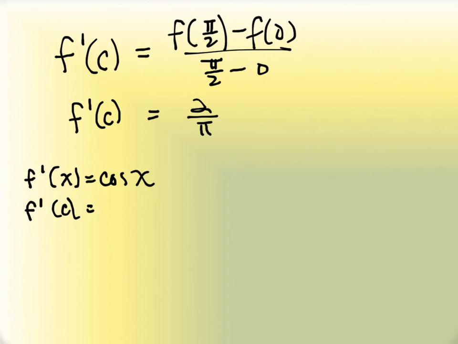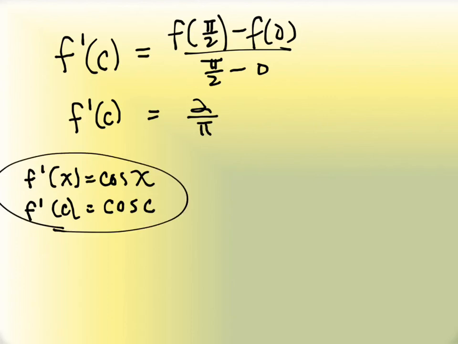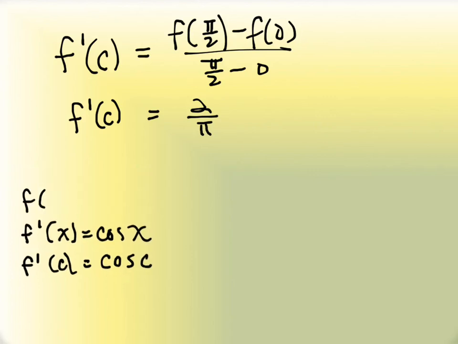Right, except we're going to use c. So the cosine of c, which I don't particularly like, c with sines and cosine functions. Where you lost me was with the x. I believe you had f prime of x equals cosine. Our original function was sine of x.